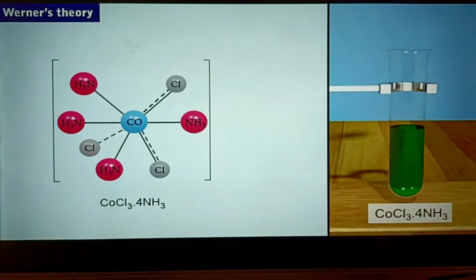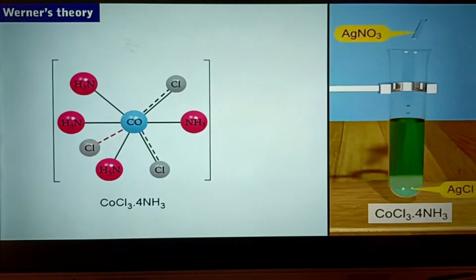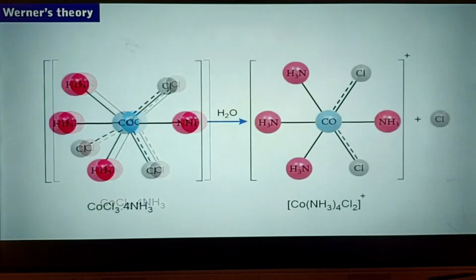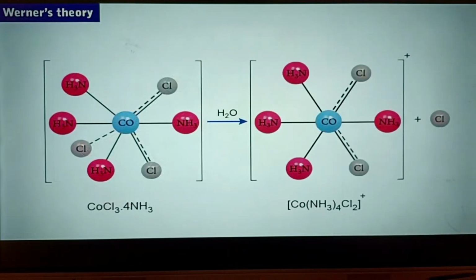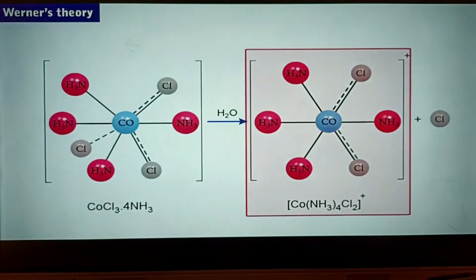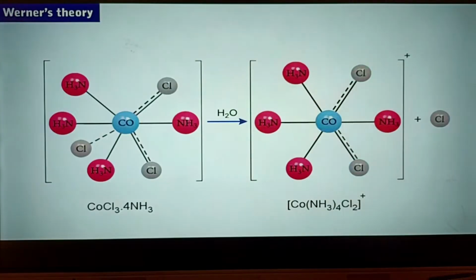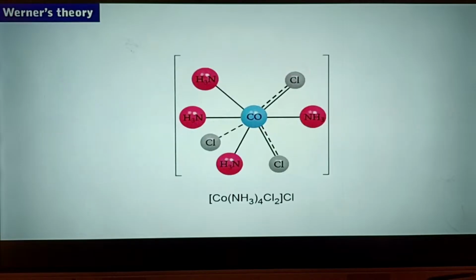Thus, only one chloride ion can be precipitated as silver chloride. This complex, on ionization, gives 2 ions, one of [Co(NH3)4Cl2]+ and the other of chloride ion. The structure of the complex is shown here.